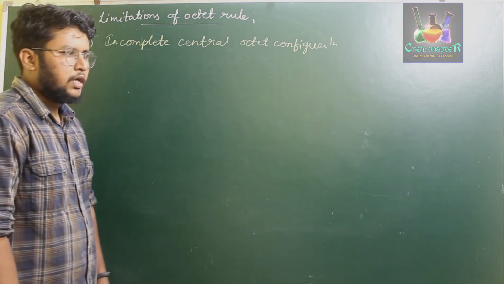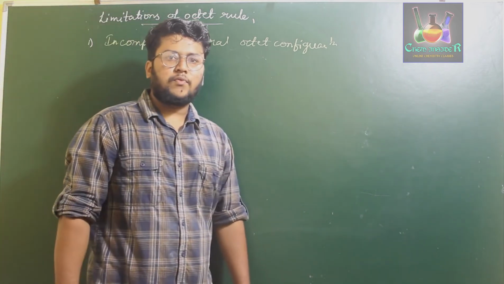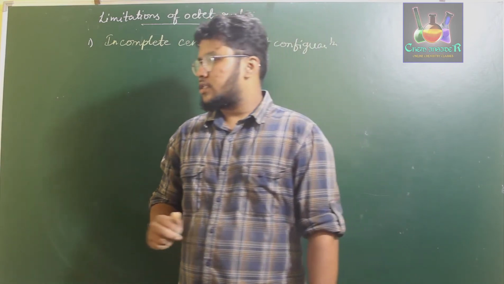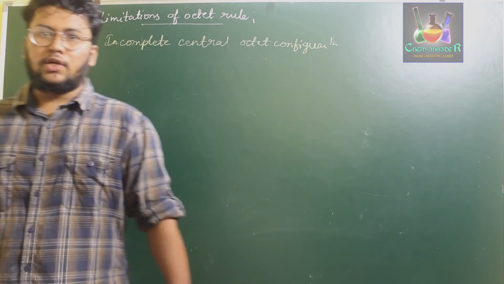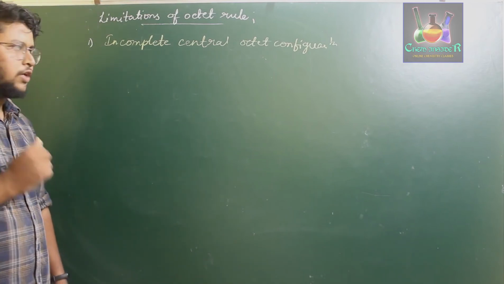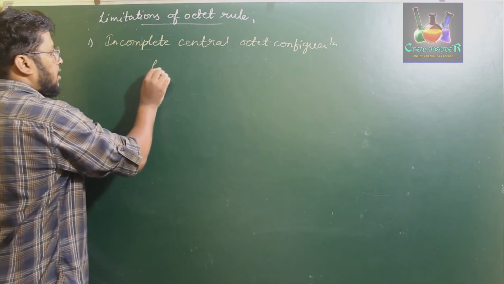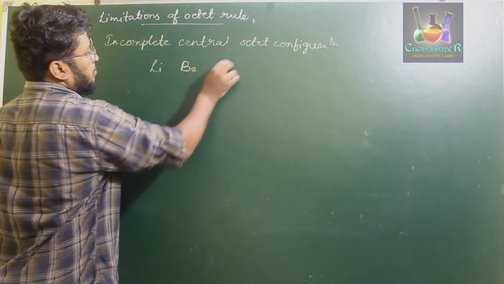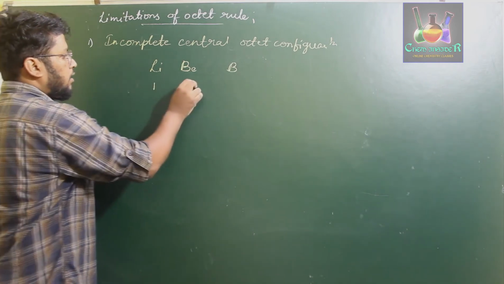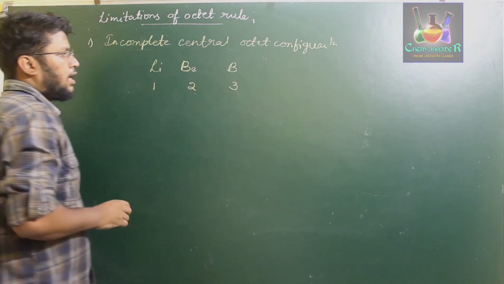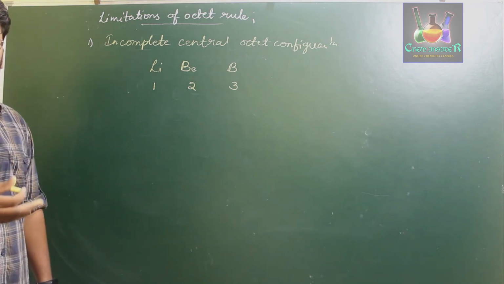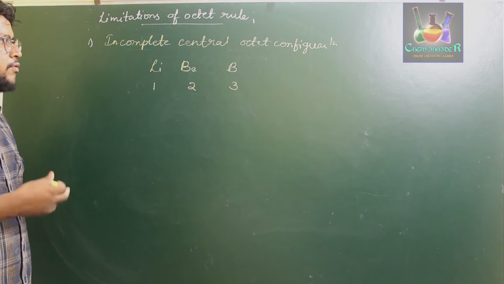If you consider certain elements of period 2 which have fewer than 4 valence electrons, like lithium, beryllium and boron, which respectively have 1, 2 and 3 electrons in their valence shell, they form certain compounds which do not follow the octet rule.